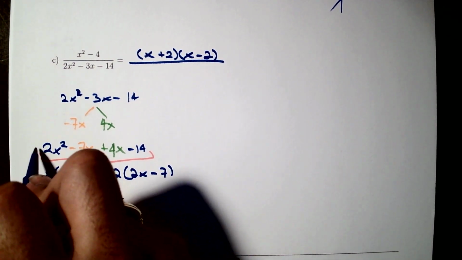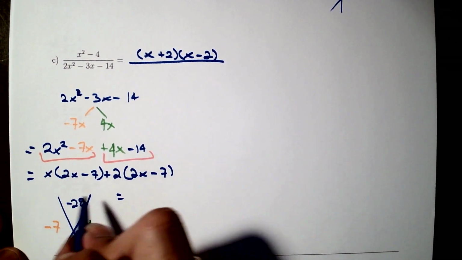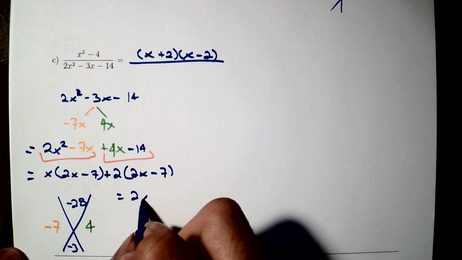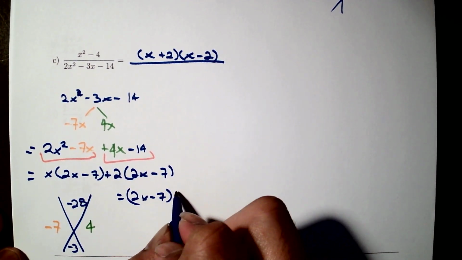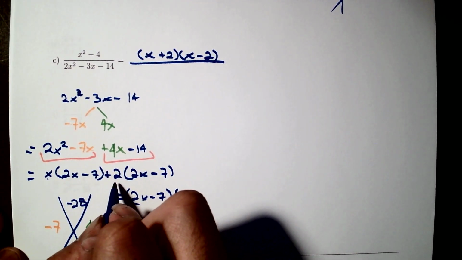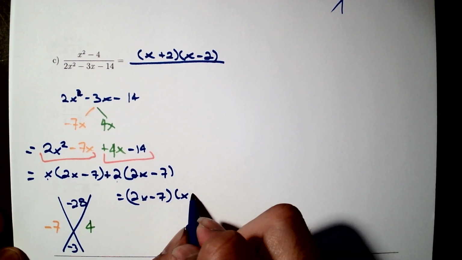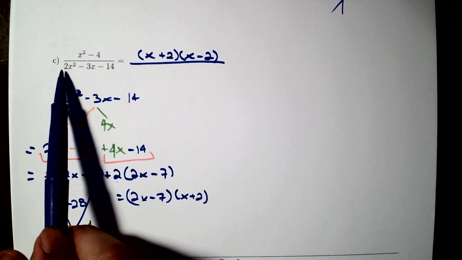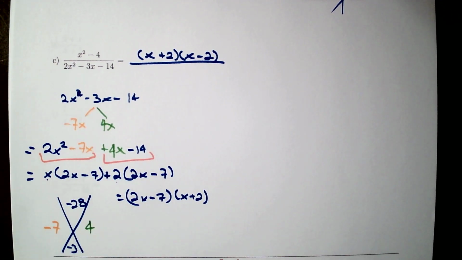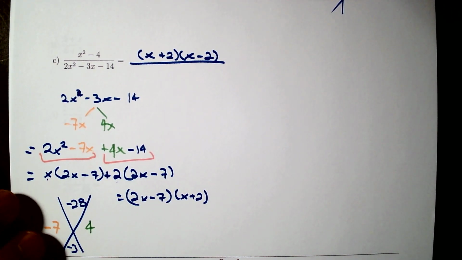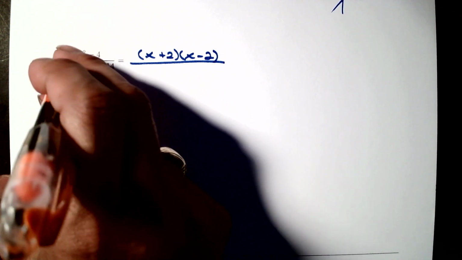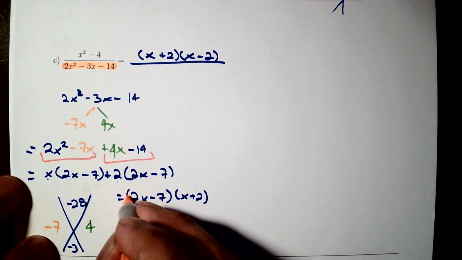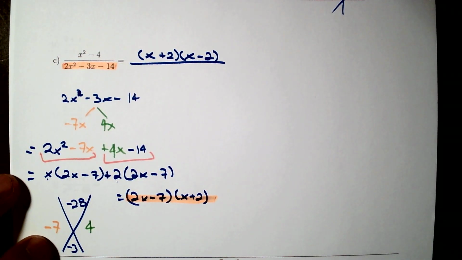So this will be 2x minus 7 times x plus 2. And I'm going to go back to the original expression to replace this, which is really that in factored form.